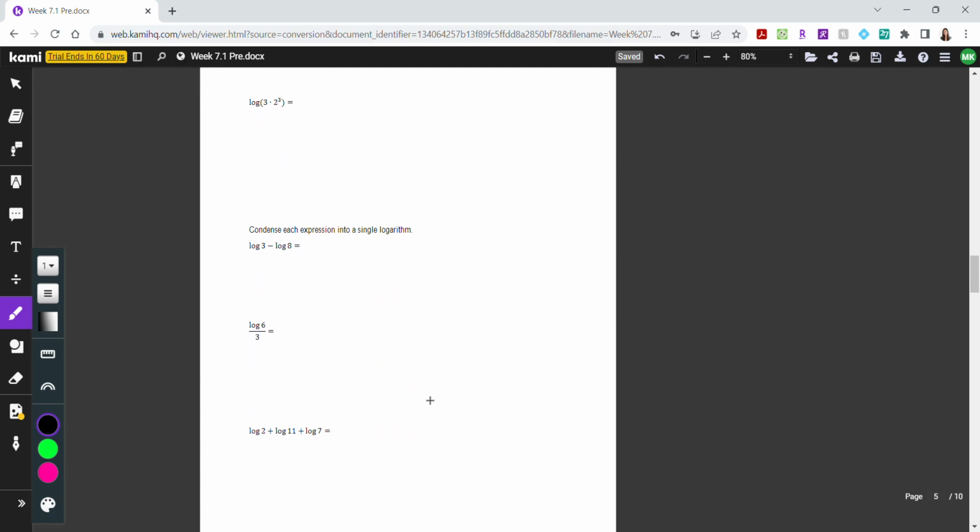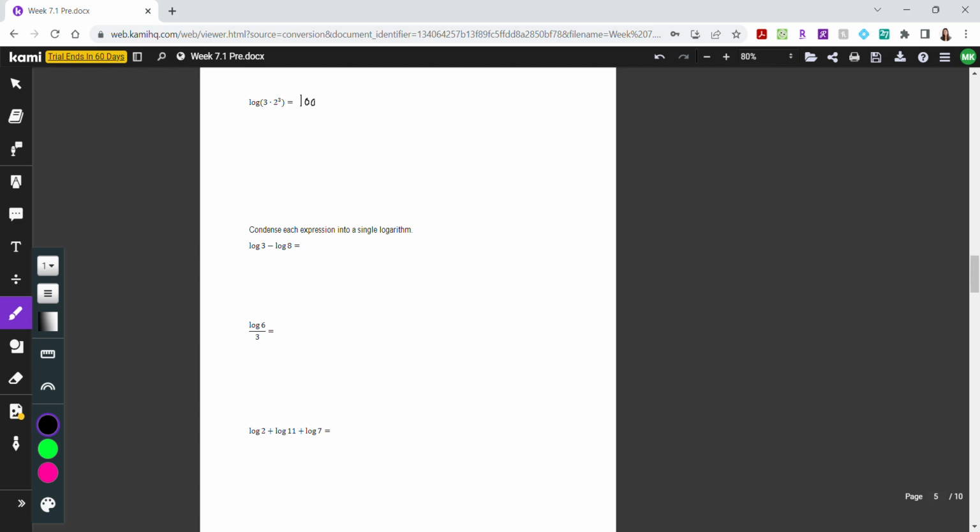As you can see, the cube is only associated with the number 2, right? So that means when we expand this logarithm, this 3 here will not have a cube because this cube is only associated with the 2. So when we expand it, it's going to look like this.